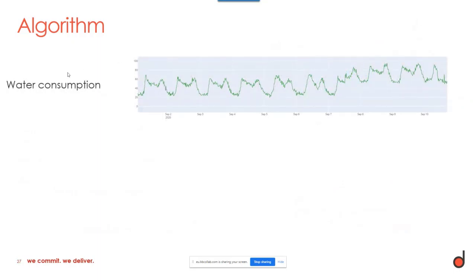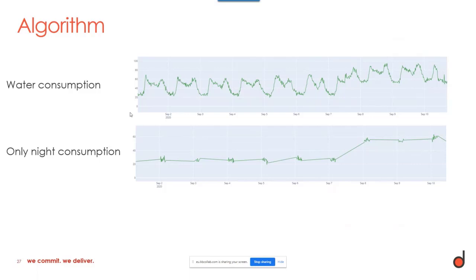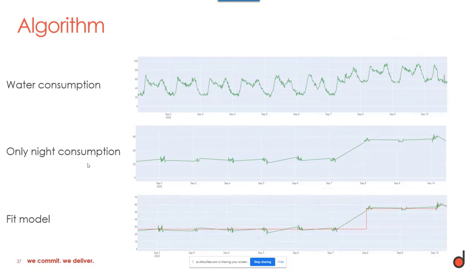To conclude then, we start with the water consumption. The first thing we do is focus only on the nightly consumption. As we can clearly see, the variance is way more stable here. Then we try to fit a model with a certain mean, and for every data point we sample, we estimate the probability of the presence of either two volume levels, each with a mean and a variance, and a leak, or the probability of it just being one mean with one variance.